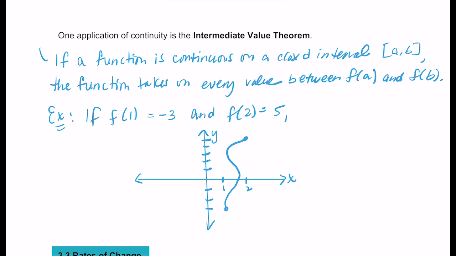If f of 1 equals negative 3 and f of 2 equals positive 5, then that function must take on every value between negative 3 and 5, which it does, because the function's continuous on that closed interval. So f of 1.01 will have a y value, and f of 1.5 will have a y value, and so on. Or it'll have more than one y value, but it's going to take on every value between negative 3 and 5.